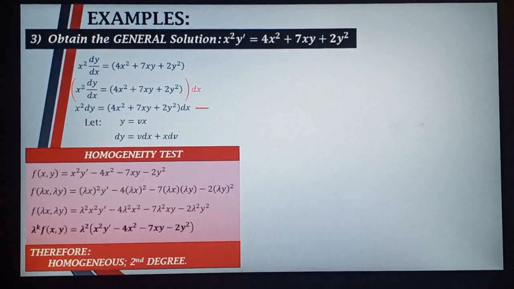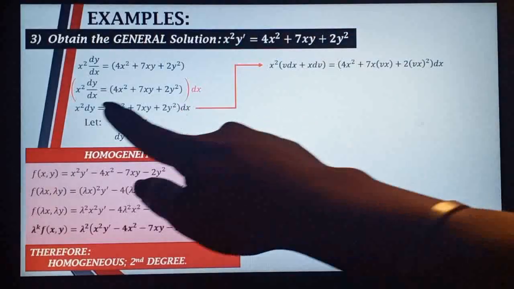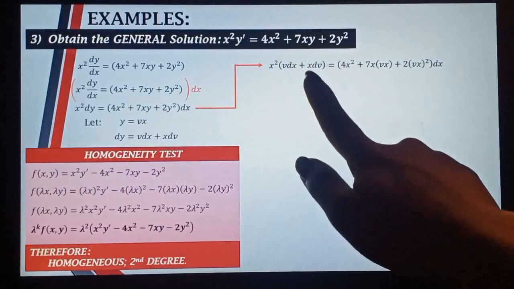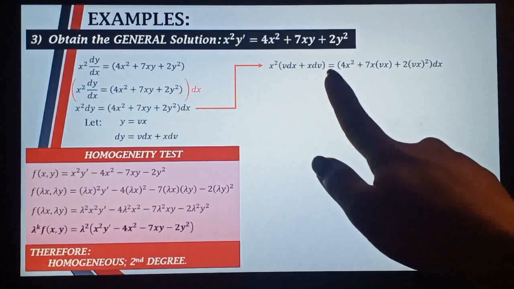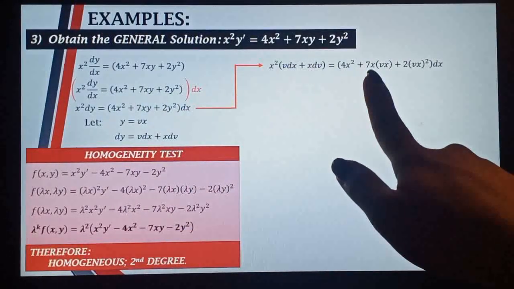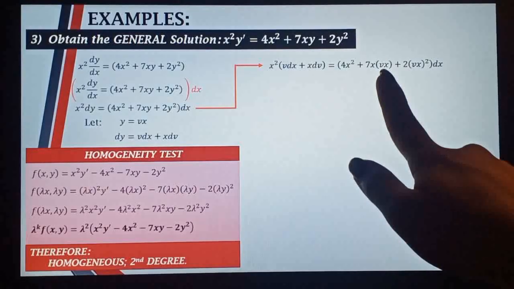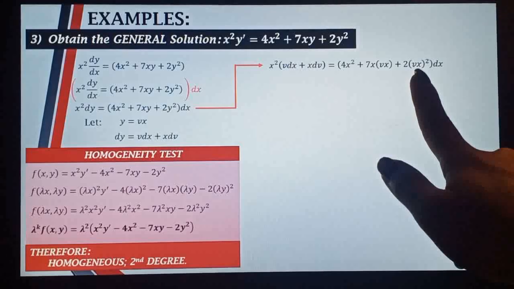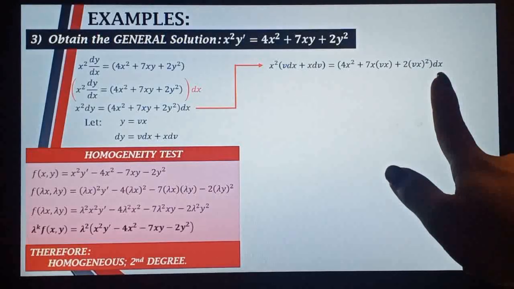So papalitan na natin yung y and dy. You will now have an equation of x², then your dy is v dx plus x dv, equated to your 4x² plus the 7x, then your y is vx, plus 2, your y is vx, then raised to 2 multiplied to dx.